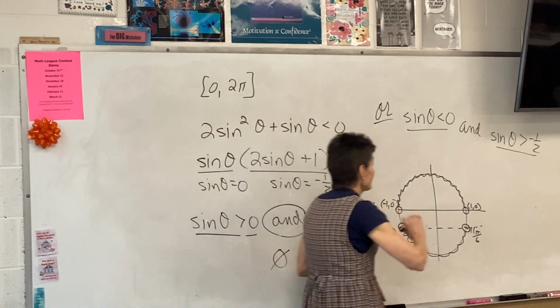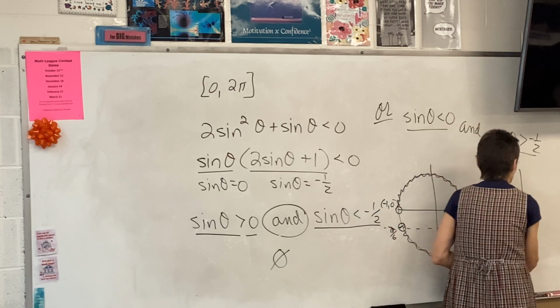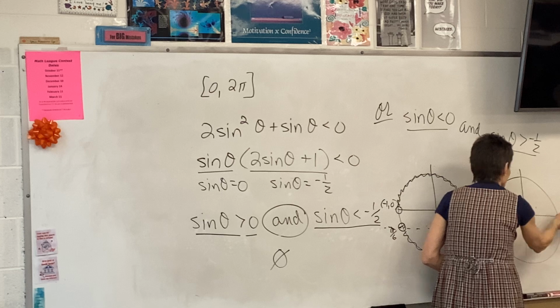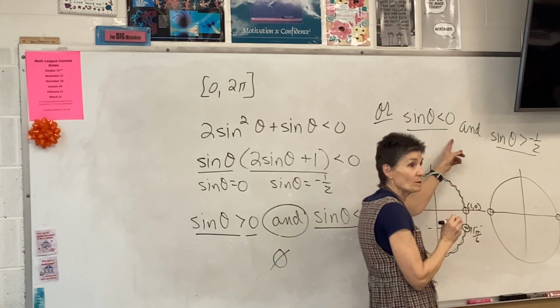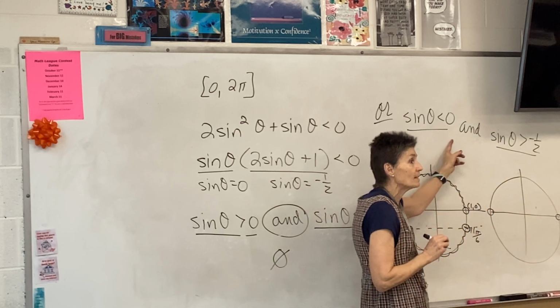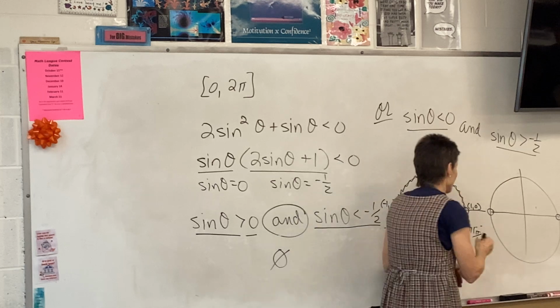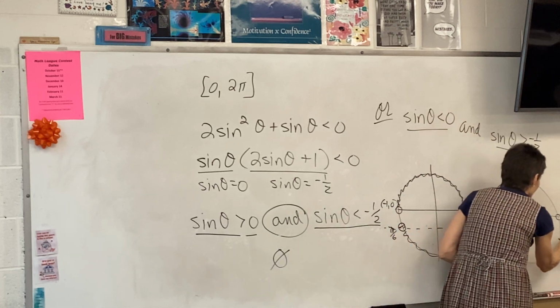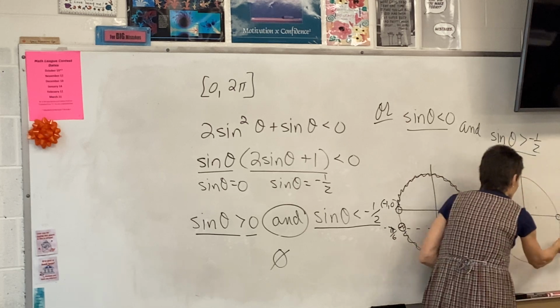All right, let's look at this one. Now the good news is the angles are going to be the same, right? Switching the signs doesn't change that. The angles will be the same. So I have 7 pi over 6 and 11 pi over 6. Okay.